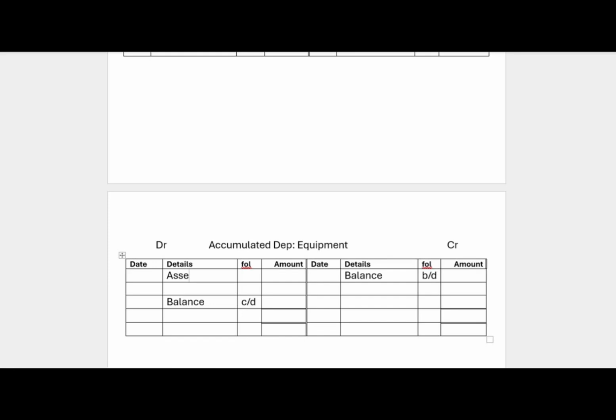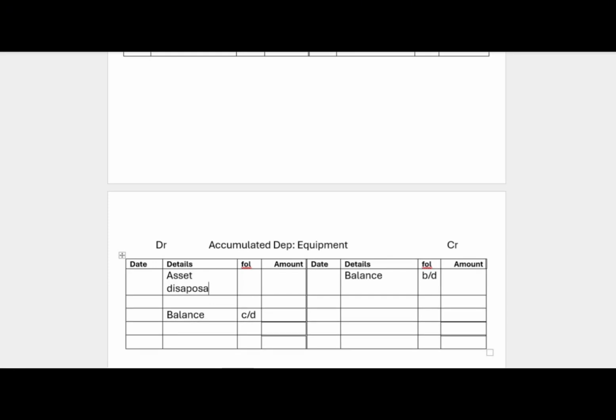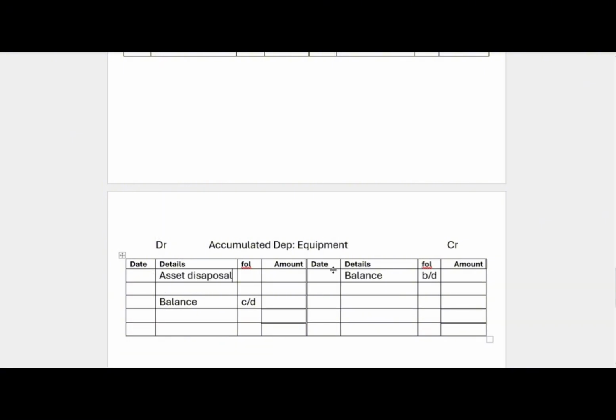the asset that was disposed. So asset disposal. All right. And then we will need depreciation for the current year of this asset. Depreciation, I'm just going to put it there.